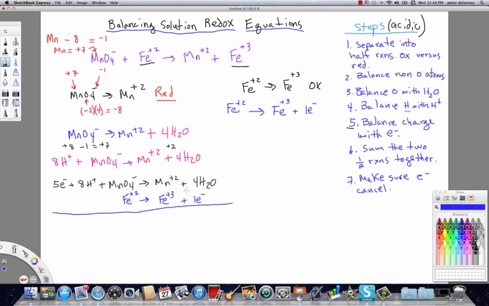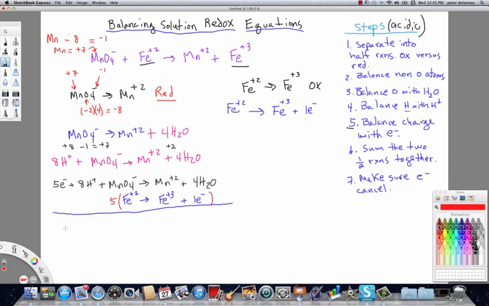And you see right now, if I was to sum the two equations together, the electrons are not going to cancel out. So we're going to need to multiply this chemical equation times 5 in order to generate the same number of electrons here on the right side as we have over here on the left side.